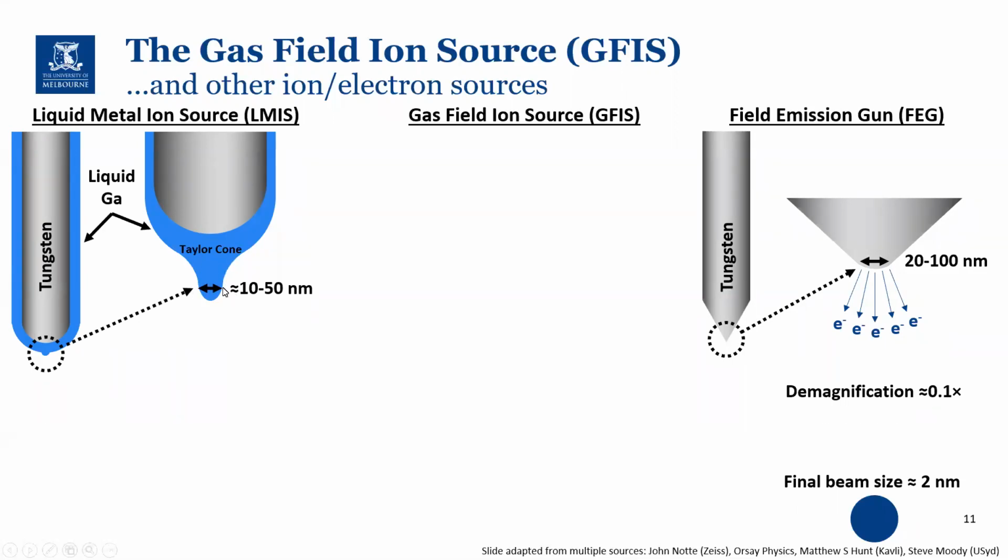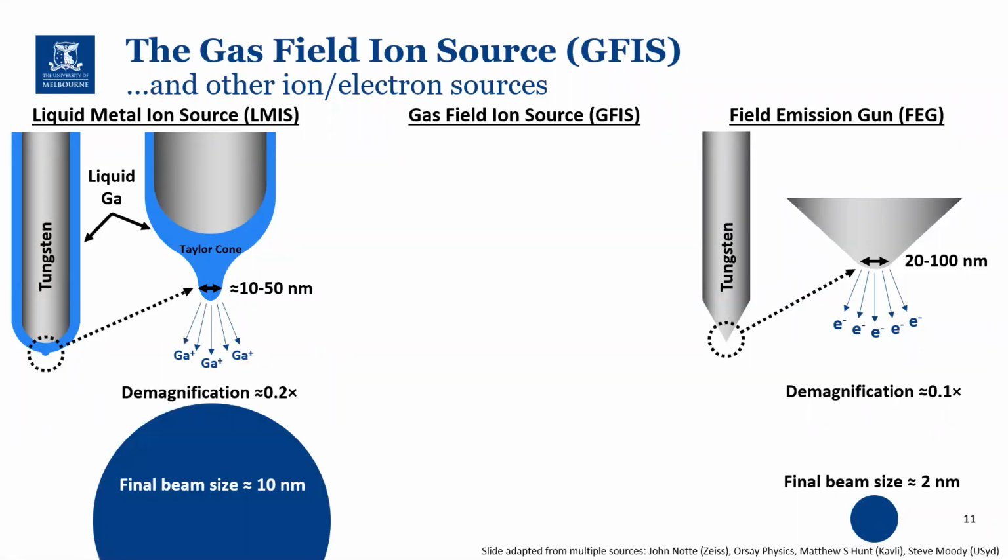That little droplet has a size of, say, around 10 to 50 nanometers, so a bit smaller than the field emission source. But the demagnification ratio is not quite as much with gallium, and so we end up with a final beam size of, say, around 10 nanometers on the high end. So still very, very good precision for a very heavy ion, but not particularly good for imaging because it is very damaging, but very, very good for fabrication.